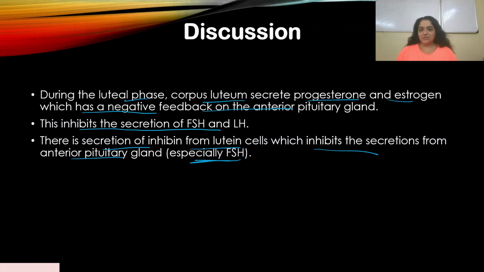The presence of progesterone, estrogen, and inhibin all together play a role in blocking FSH and LH secretion. FSH and LH both are important for development of new ovarian follicles. So ovarian follicle development does not happen during the luteal phase of the cycle.